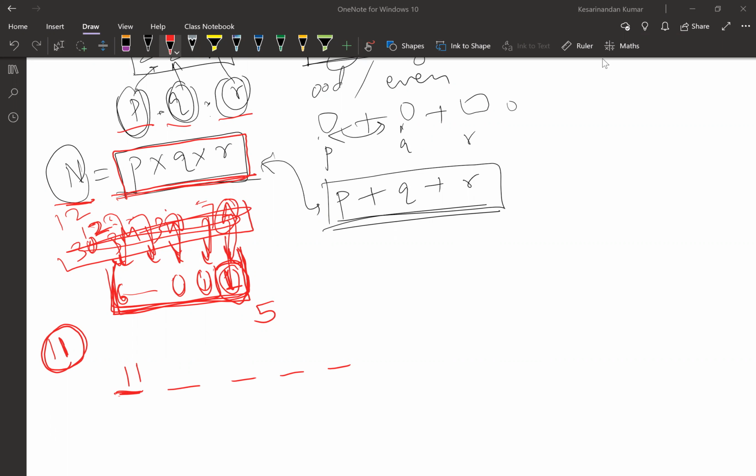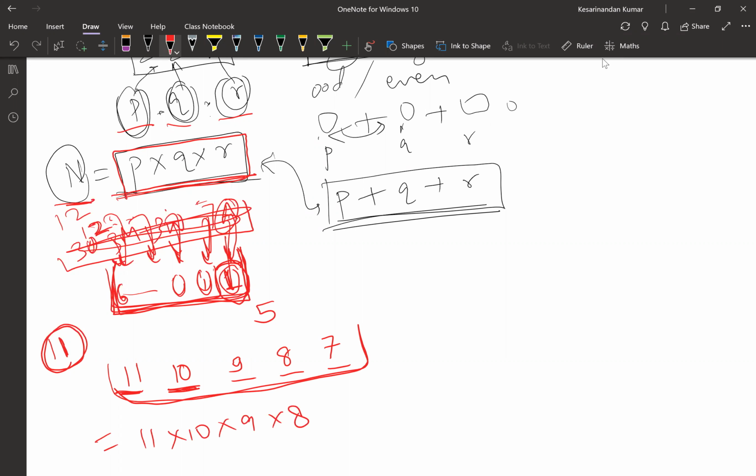How many places are remaining? 4. How many fruits are remaining? 10. So in how many ways can I fill this position? 10. Next position, in how many ways can I pick? Because there's just one fruit of each type, 9 ways. Similarly 8, similarly 7. So the total number of ways in which I can fill this part will be equal to 11 into 10 into 9 into 8 into 7.